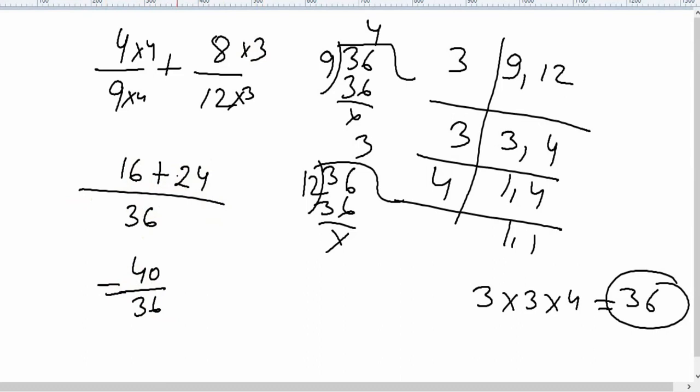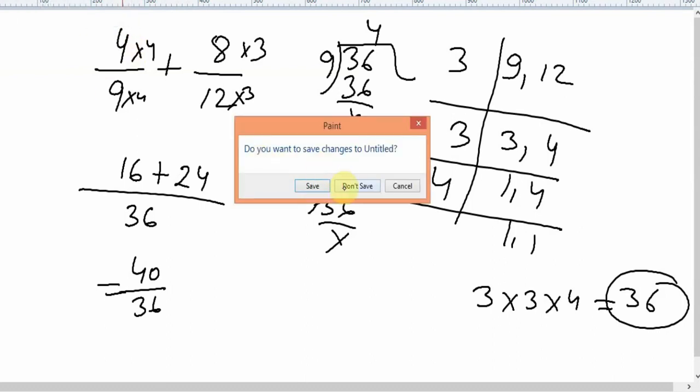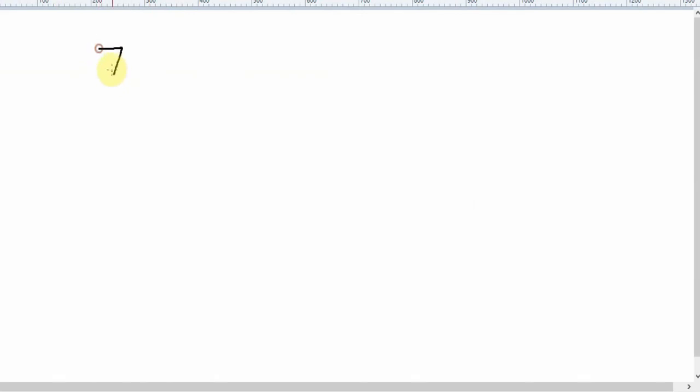As I told you, fractions are part of rational numbers. One more example I will take. For example, if you have only one fraction, 7 upon 3, and one second number like 3 on this side, what to do? Simply this can be written as 3 upon 1.